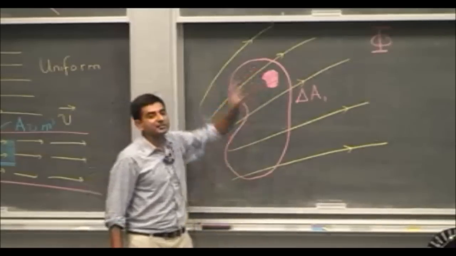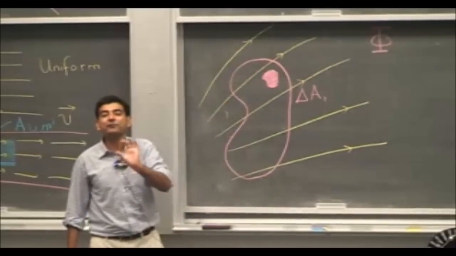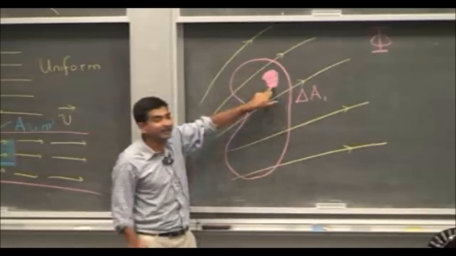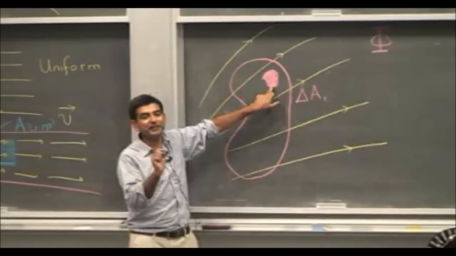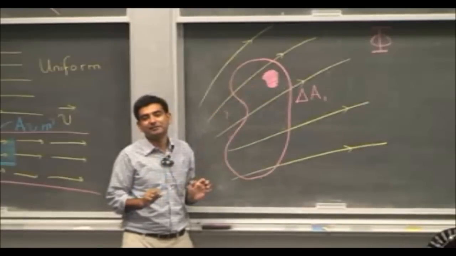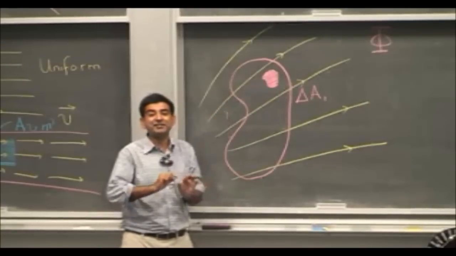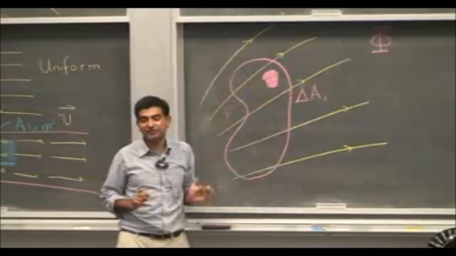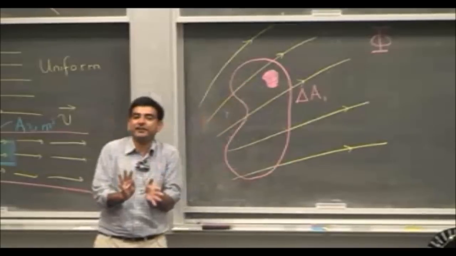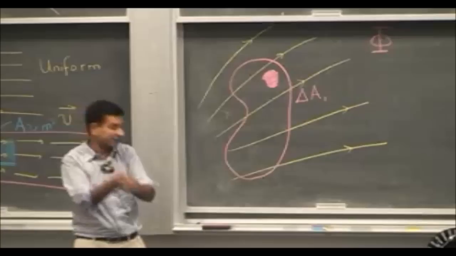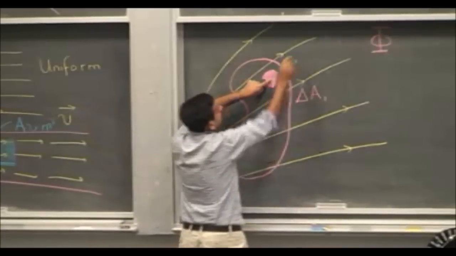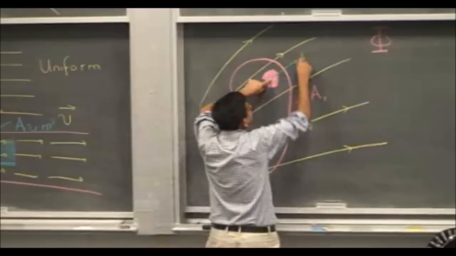I assume that this patch is very small, so I don't have to worry about variations of electric field on this patch. If this area is small enough, the field will almost be uniform on this area, right? If the field is changing drastically in space, I have to make the patches smaller. But I take the patch small enough, assuming that the electric field is uniform on this small patch. Suppose the electric field at this patch is represented by a vector E1.